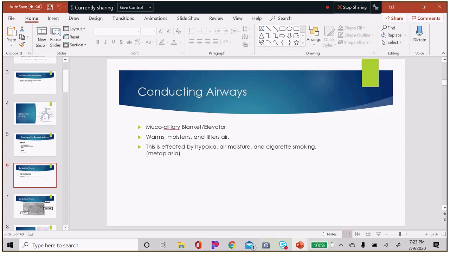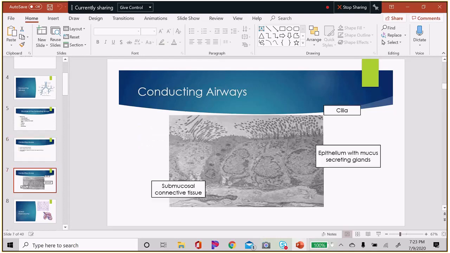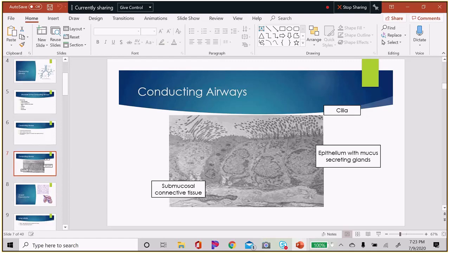That chronic irritation will change the squamous epithelial cells with beautiful cilia and mucus-producing cells to cuboidal cells, which do not provide the same mucus protection and mucociliary blanket with elevator of secretions, which is one of the reasons why smokers are more prone to bronchial infections. And that's the beautiful picture of that airway when it's intact.